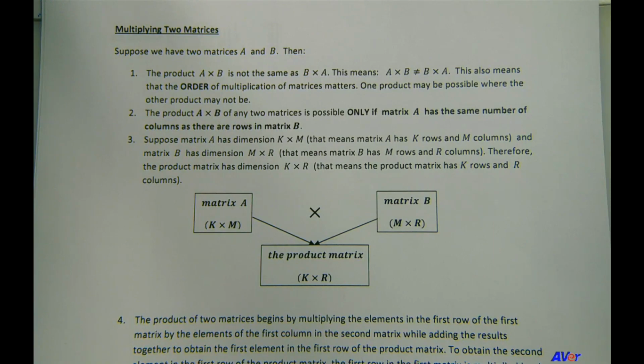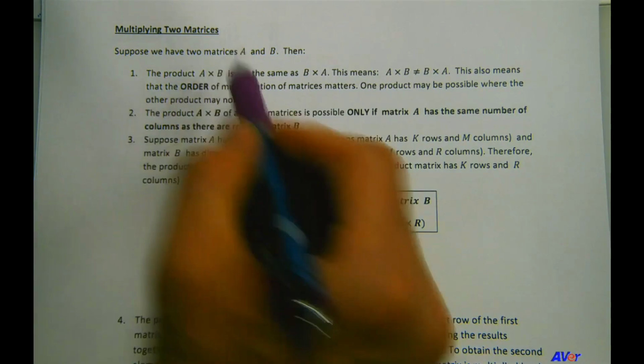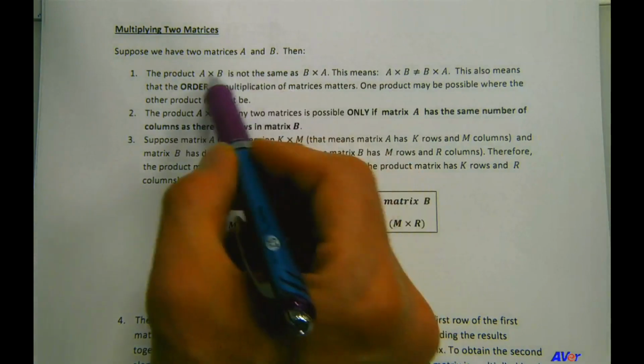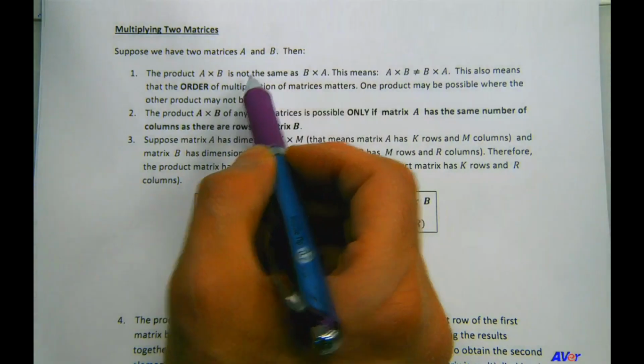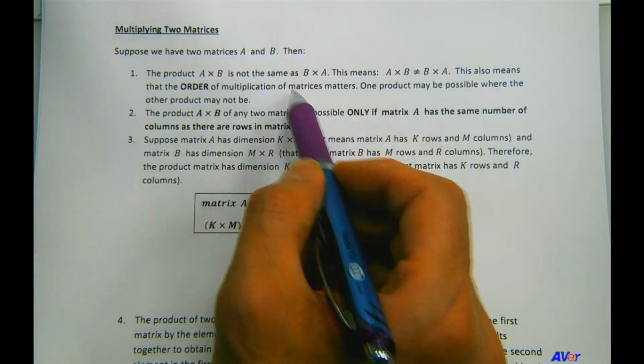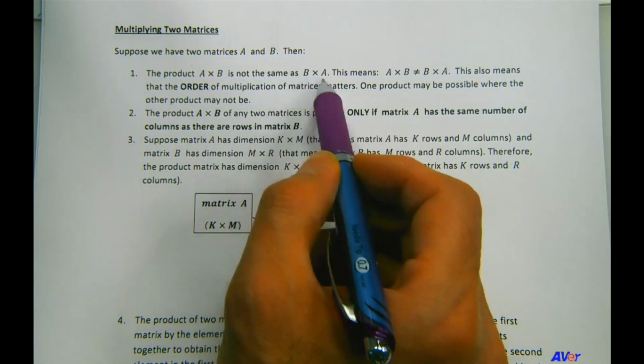Negative 2 times 3 is the same thing as 3 times negative 2, right? The result is not going to be different if you change the order. But when you multiply matrices, A times B will lead to a totally different result than B times A.